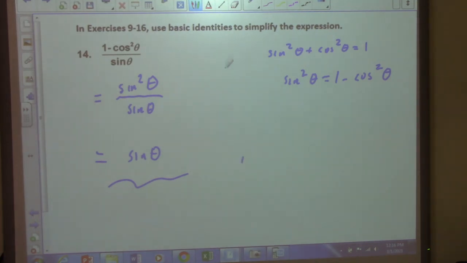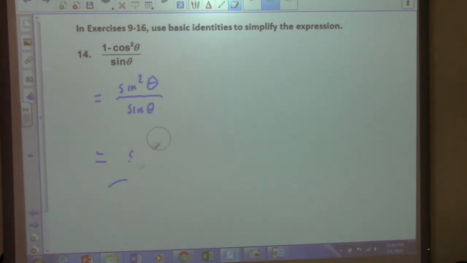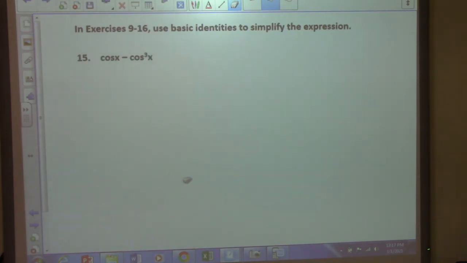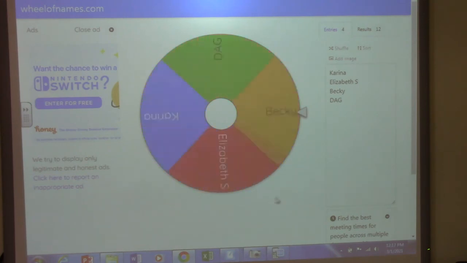Let's go on here to 15. This one could be a little bit tricky, maybe, kind of, sort of. But let's see what we got here.